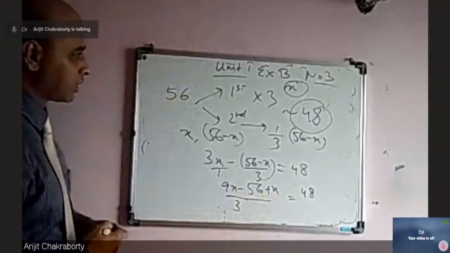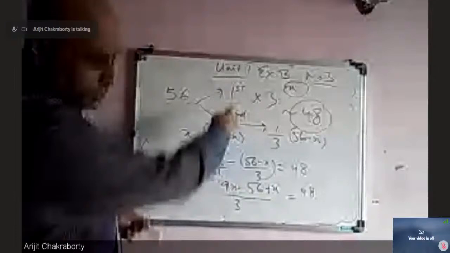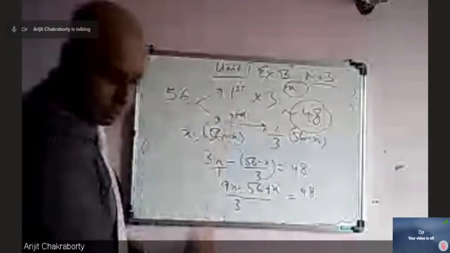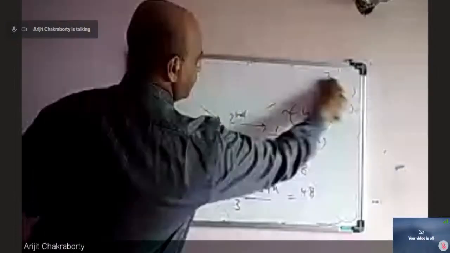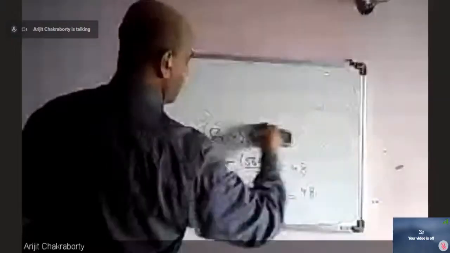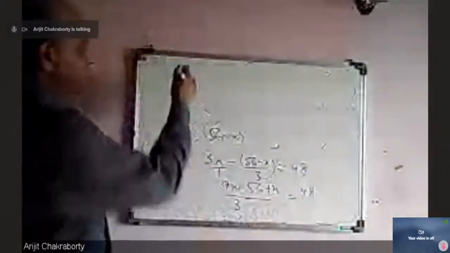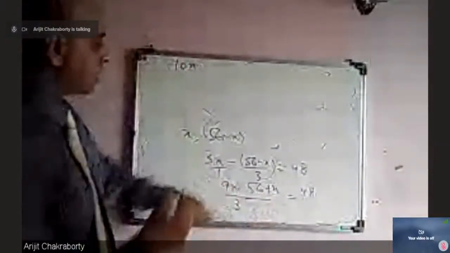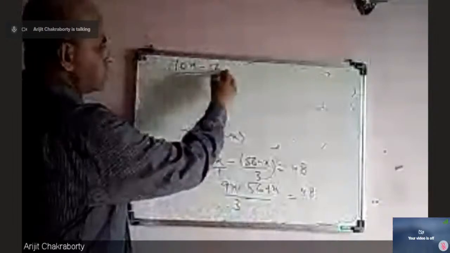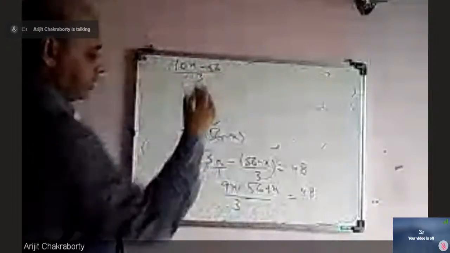So 9x plus x is 10x. So (10x minus 56) by 3 equal to 48.